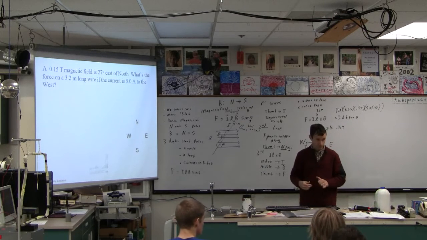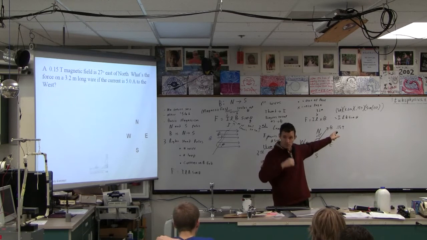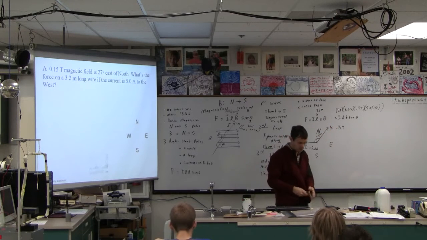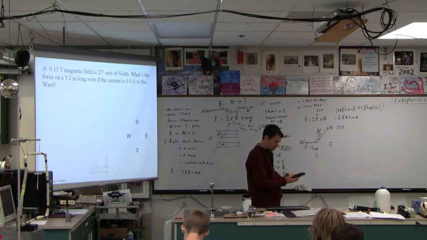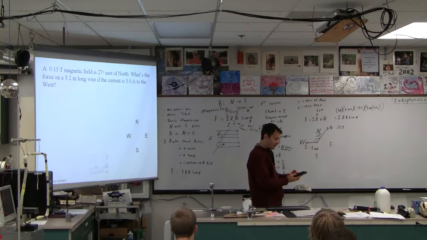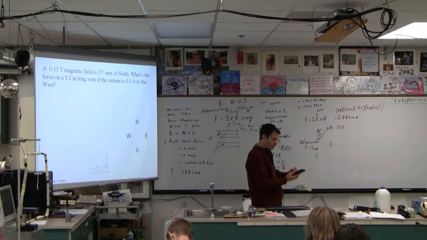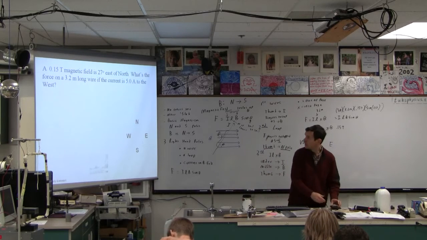Is that the right way to do it? And if you do the same thing with a sine of 27, you get the wrong answer. So, there we have it.